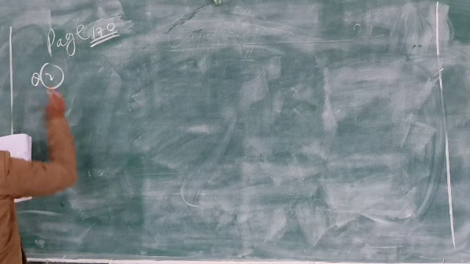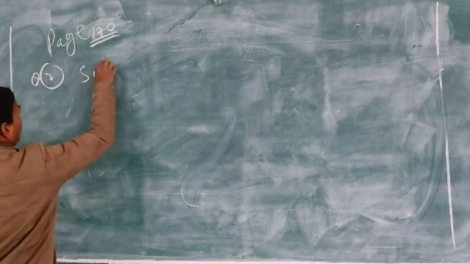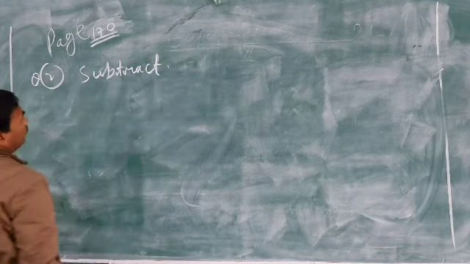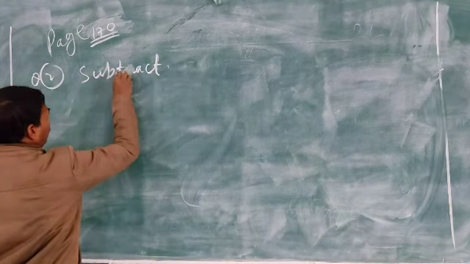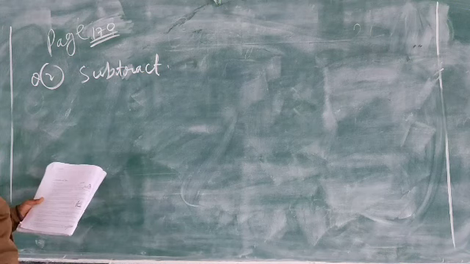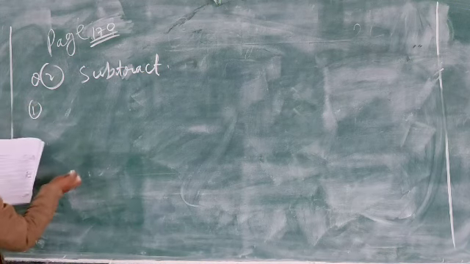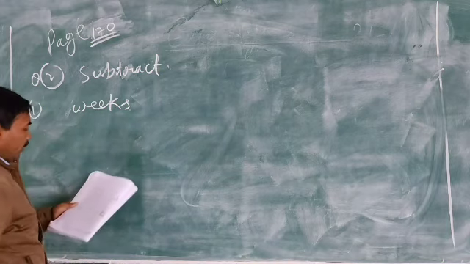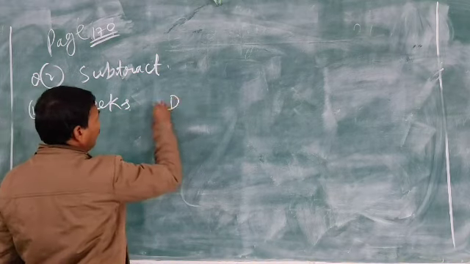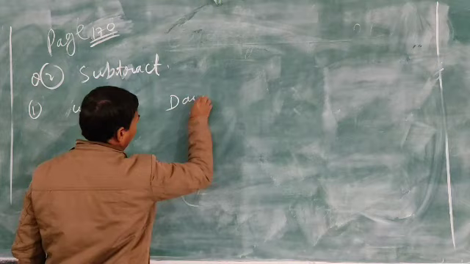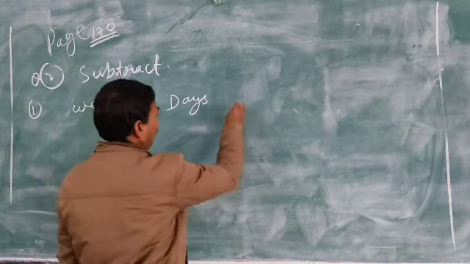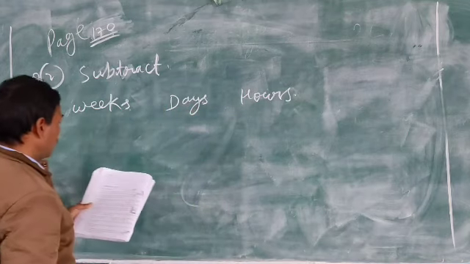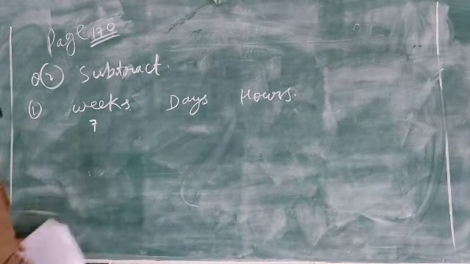Second one, subtract. 3 columns. First one given weeks, days, hours.